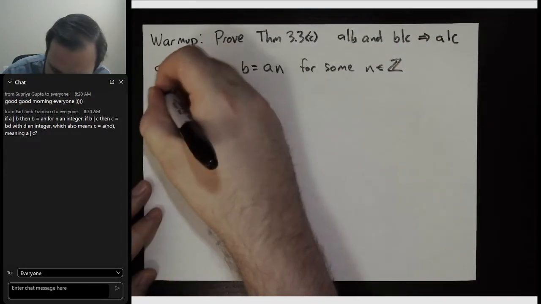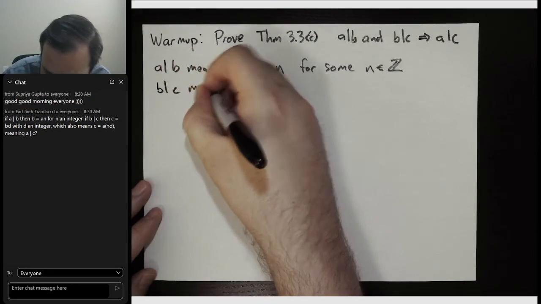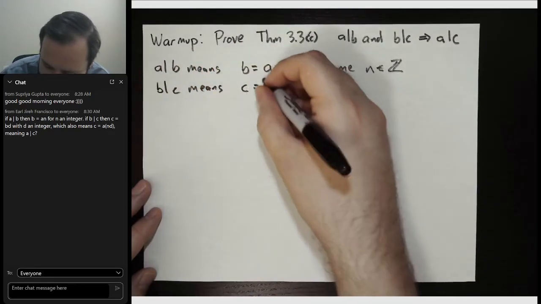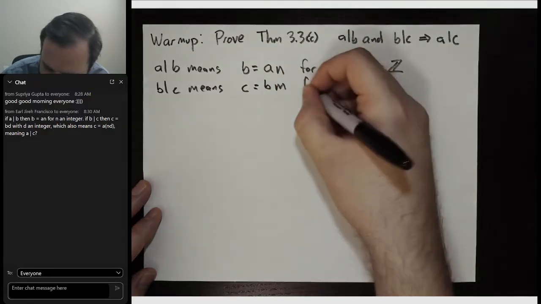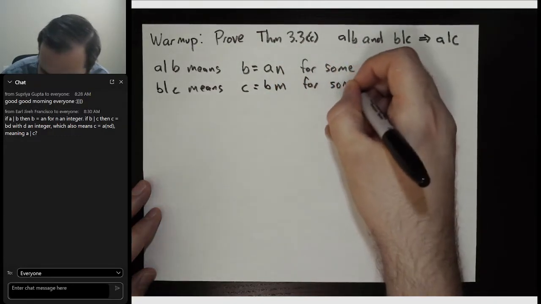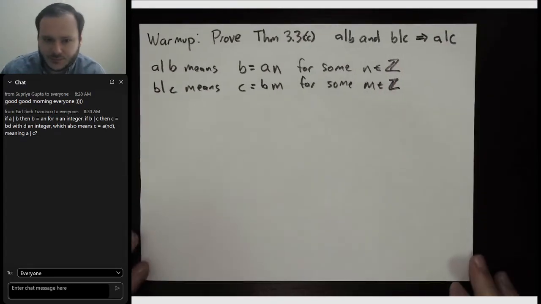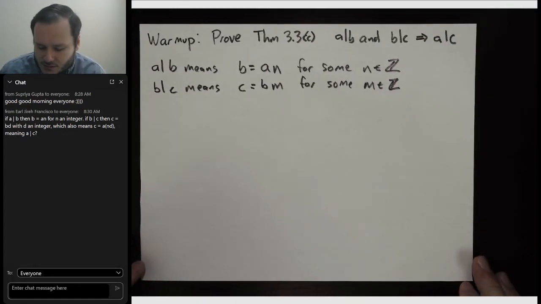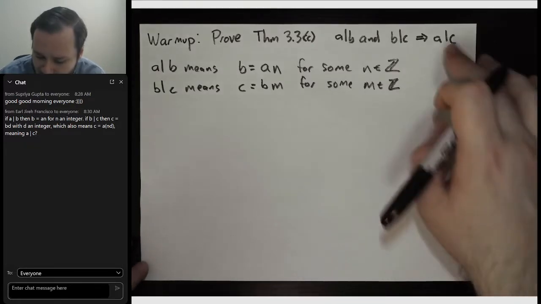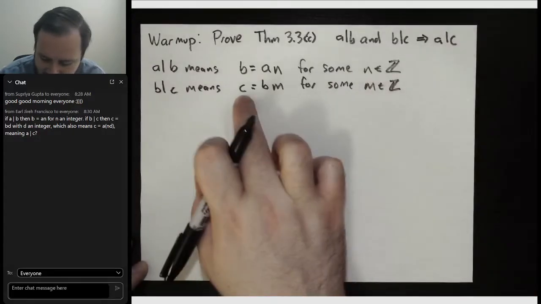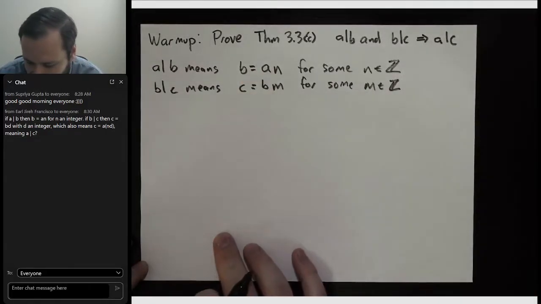And B divides C means that C is equal to B times m for some integer m. So we want to prove A divides C. That means we want to show that C is A times some integer.